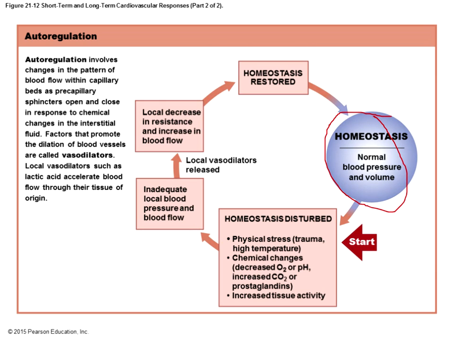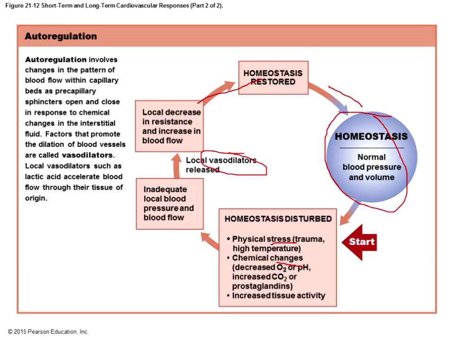So for instance, if you have normal blood pressure and normal blood volume or homeostasis, and that homeostasis is disturbed at a specific location, it could be physical stress or a change in oxygen levels or pH. And the problem is, of course, inadequate local pressure and flow. And so you need to alter that, right? Have vasodilation occur. That's going to increase blood flow to the target. Homeostasis can be restored and you're back in business, okay?